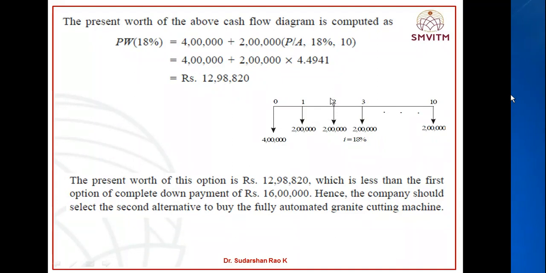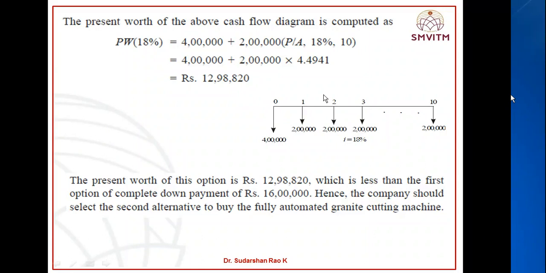That is, if you pay 25% in the beginning and the remaining 2 lakh rupees every year for 10 years, then it is a benefit, that is 12 lakh 98,820. If you pay the whole 16 lakh rupees, it is a loss. The present worth is 16 lakh, whereas here the present worth is 12 lakh 98,820.